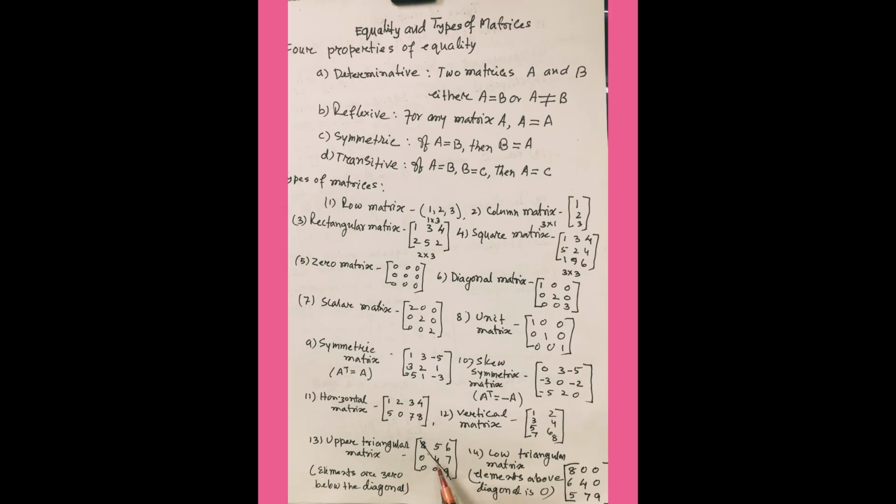So this is an upper triangular matrix. And opposite to this is the lower triangular matrix. This time the elements towards the right of the diagonal are zeros, and towards the left or below all are nonzero elements.